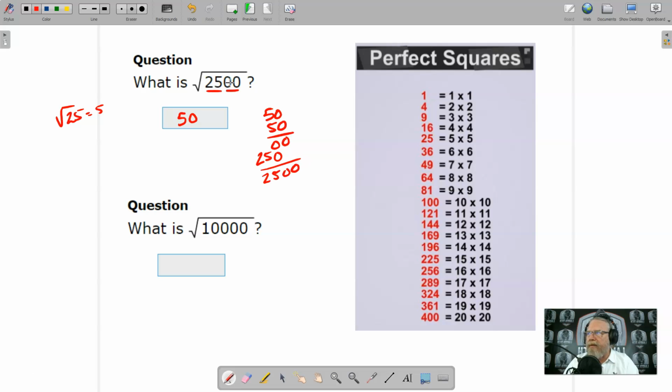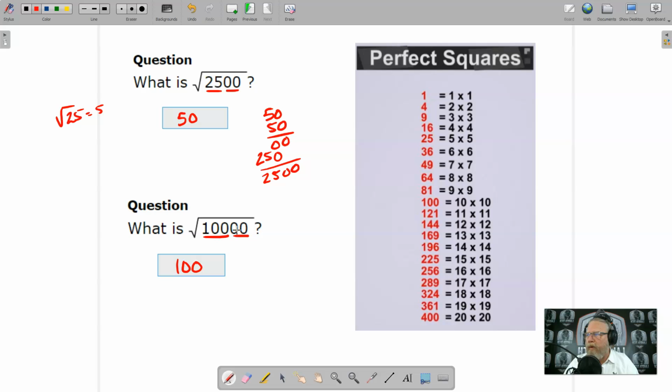So these large numbers ending in double zeros, not really as difficult as we might think they are. Let's use that same concept down here. Let's eliminate 2 of the zeros and just focus on the 100. Well, square root of 100, we know is 10. 10 times 10 is 100. Now let's put one more 0 on there, right? And we would end up with 100.